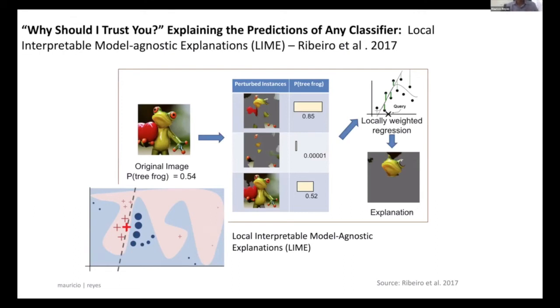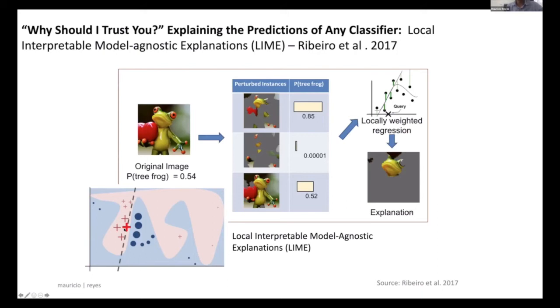Let's say I have a training sample of frogs and cats and dogs, or different types of frogs. Everything that's in this pink zone, let's say, are frogs. Everything that's outside are not frogs, okay? This image over here, let's say it's this red cross here. So in my space of training samples, this is where my tree frog for this particular example would be.